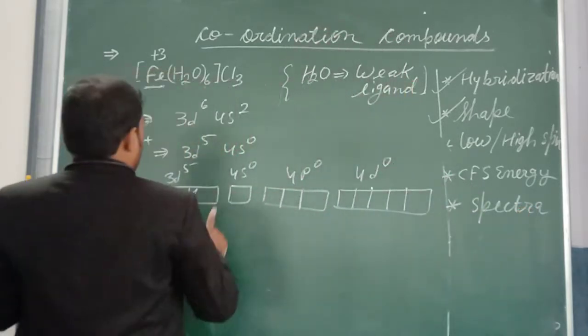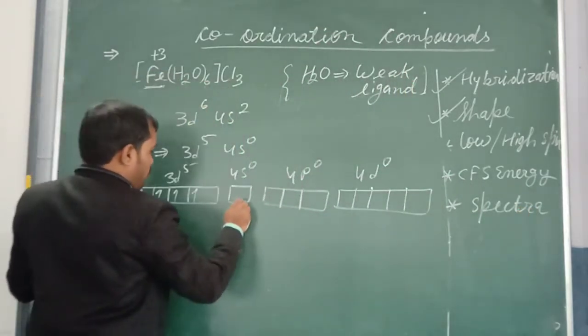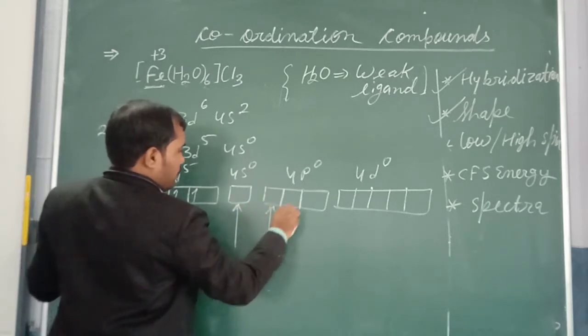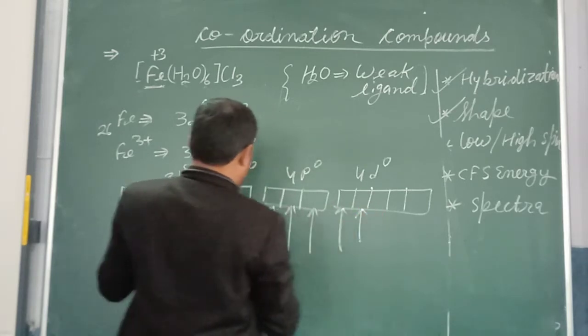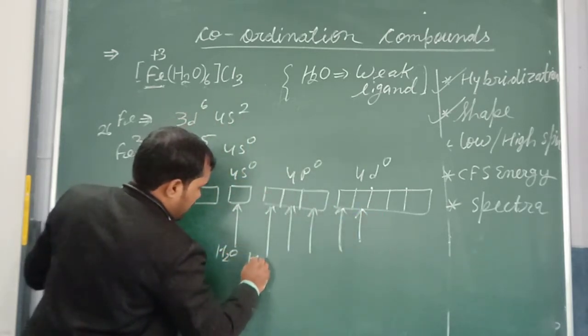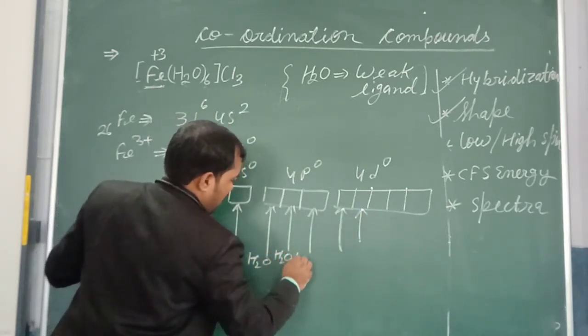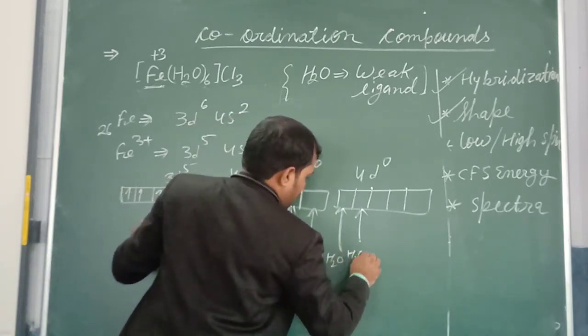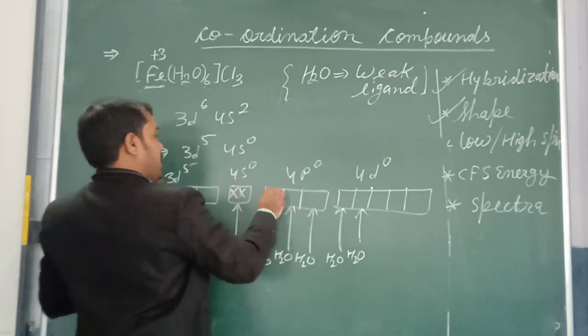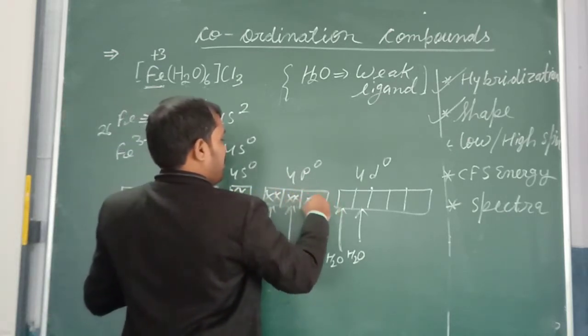That is another matter. 6 ligands will come: H2O, H2O, H2O, H2O, H2O, and H2O. And they will donate the pair of electrons.